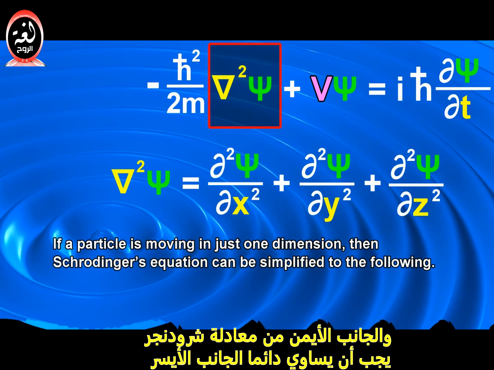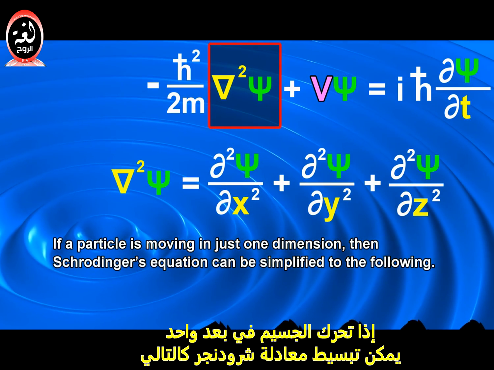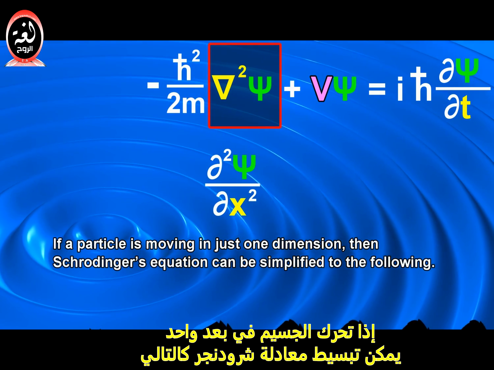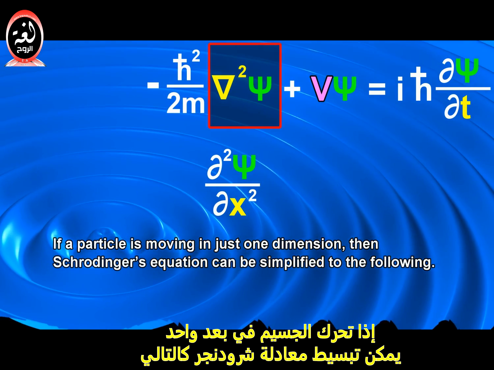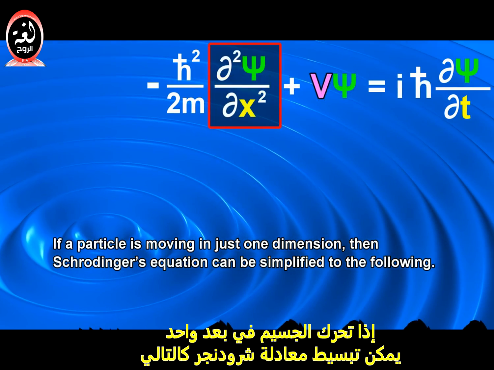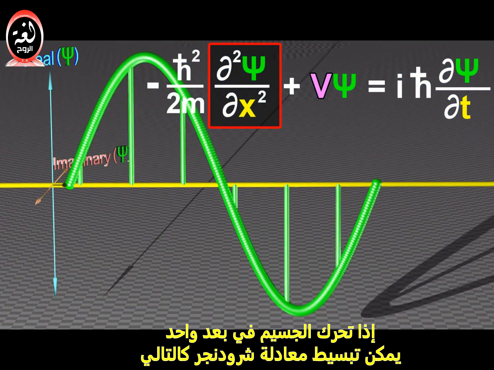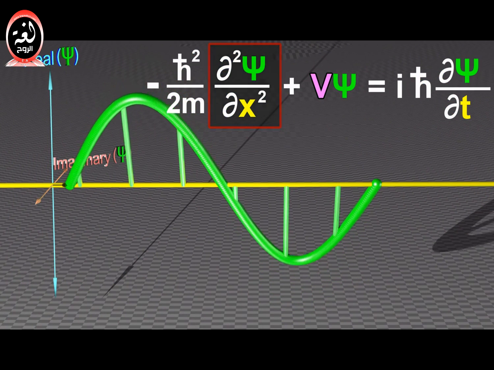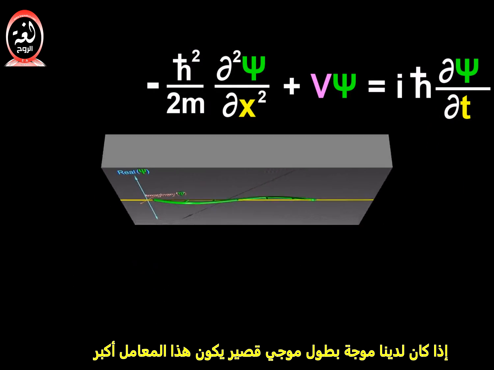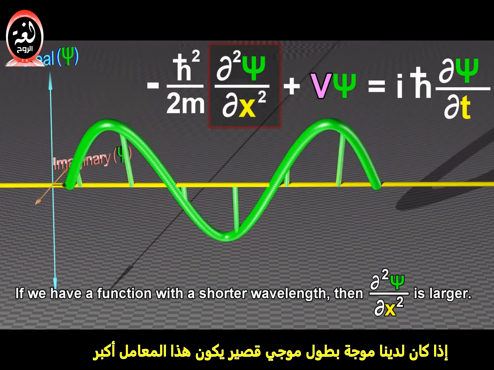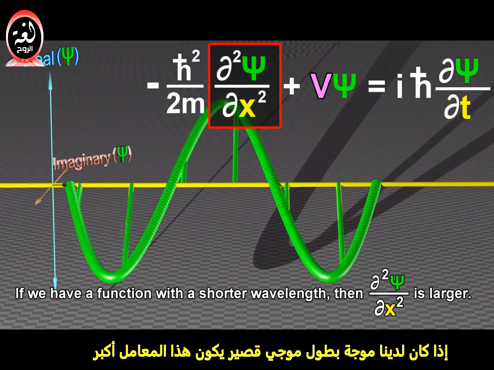If a particle is moving in just one dimension, then Schrödinger's equation can be simplified to the following. If we have a function with a shorter wavelength, then this parameter is larger.